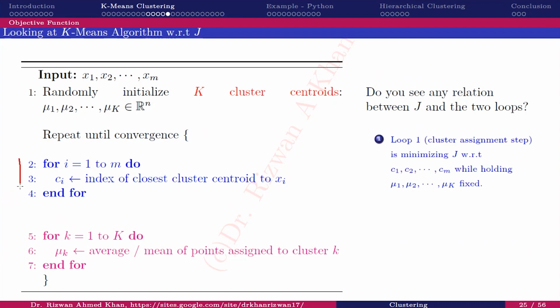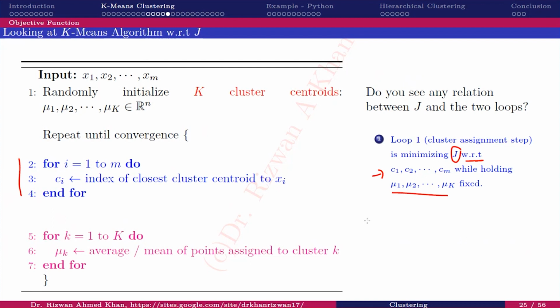So this is loop one, the cluster assignment step, as you already know. This step is minimizing the distortion function J, or cost function, with respect to the Ci's. Remember, in this loop only the Ci's are changing. So we are minimizing the cost function by keeping the mu's constant.